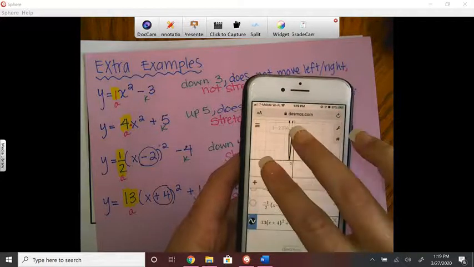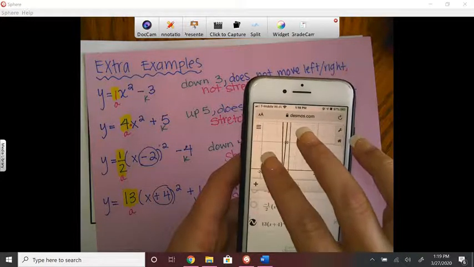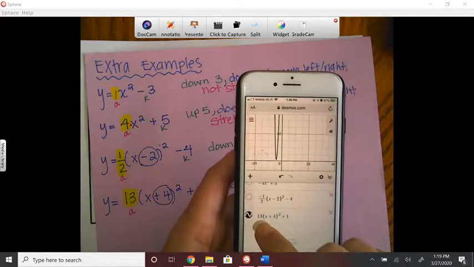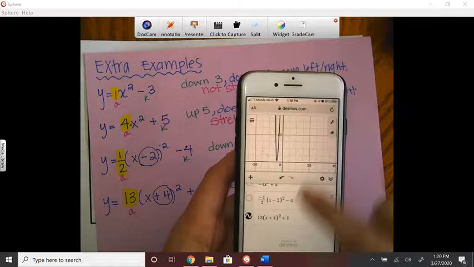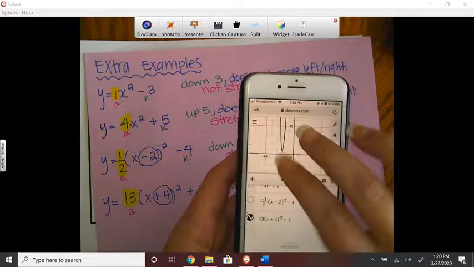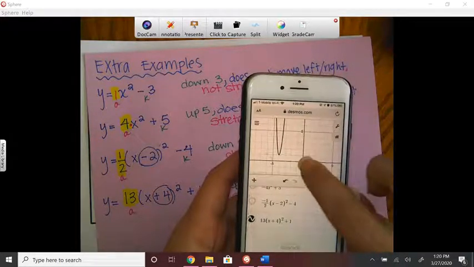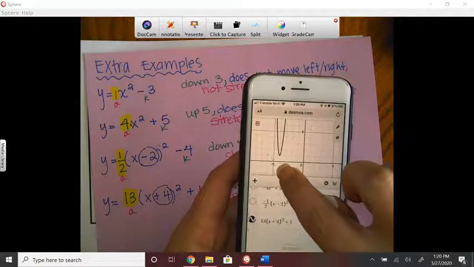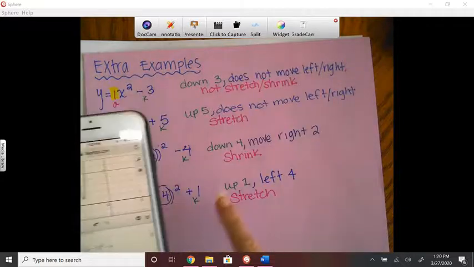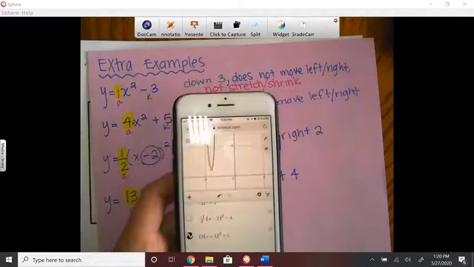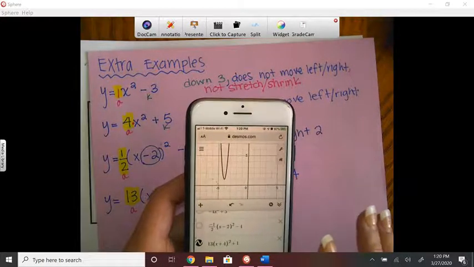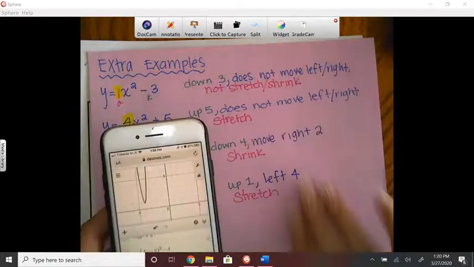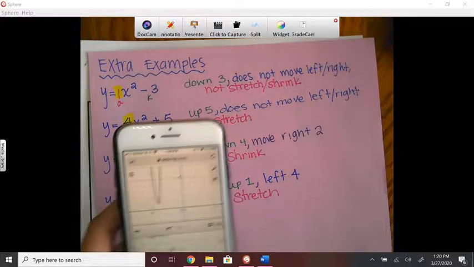You could see that this graph is very skinny because of the large 13 I had for the leading coefficient. You will notice that the graph moves left 4, 1, 2, 3, 4, and then it went up 1. So it followed what it should. The point of all of this is, yes, these transformations are awesome because they tell us what the graph should look like.